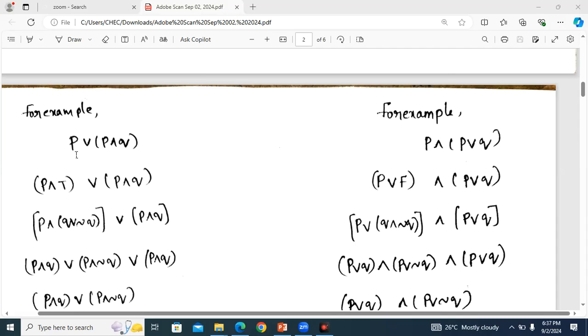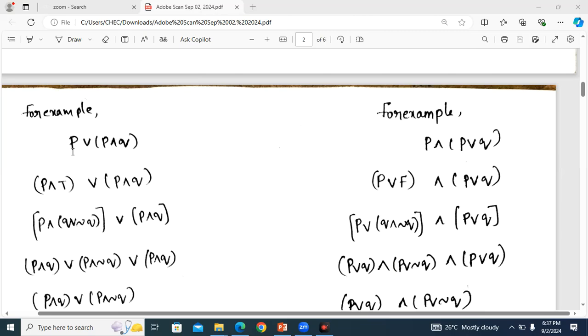If two variables are given, each min term consists of those two variables, either as the variable or its negation. Now in this compound statement two variables are there, P and Q. P and Q is a min term because both variables are present, but P alone is an elementary product, not a min term.